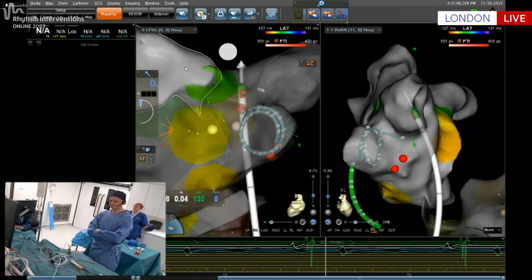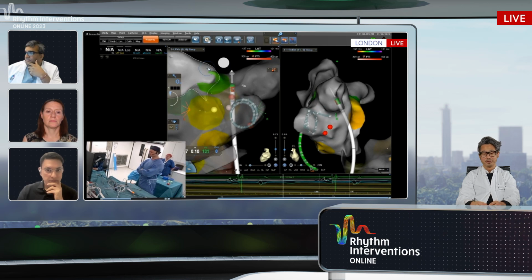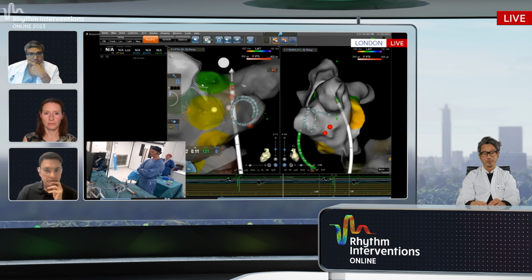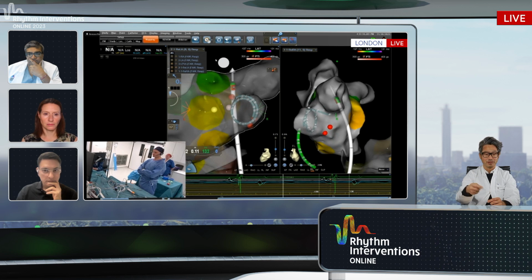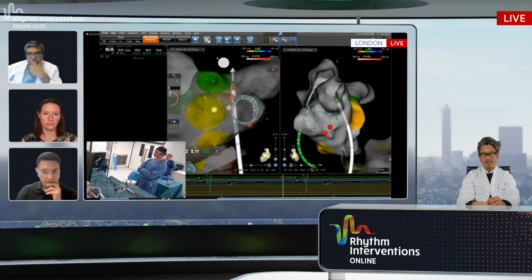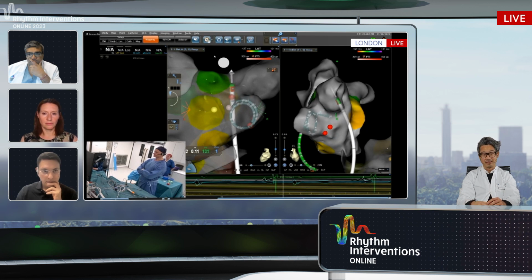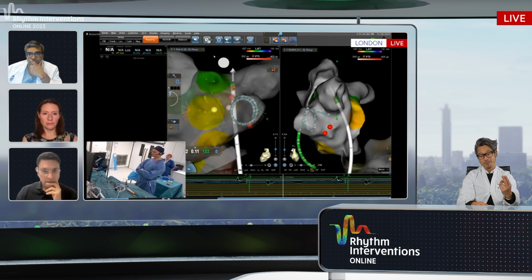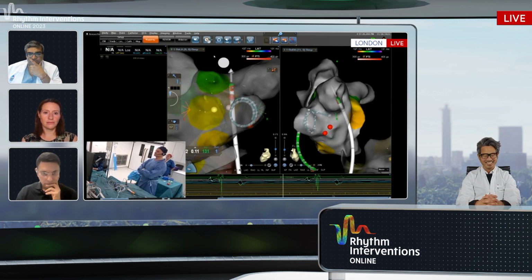Yeah, I would agree with Dhiraj. Typically with RF, it is the posterior superior part on the right side where we observe gaps. With cryo, it's a little more different. I would have done exactly the same. First, we looked at the inferior aspect and also at the posterior region where you have been looking for it. And I think it is not the number one, but maybe number two region in my experience.